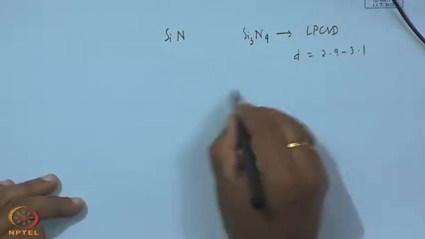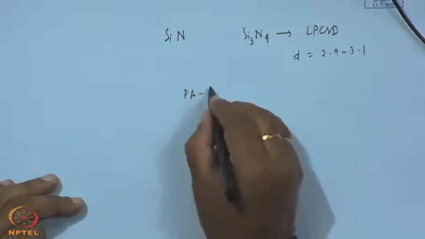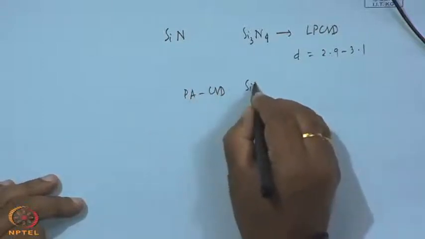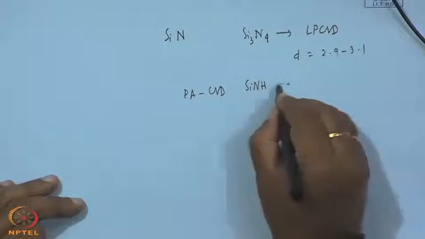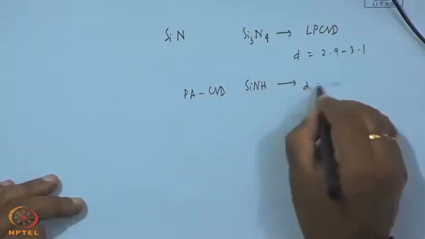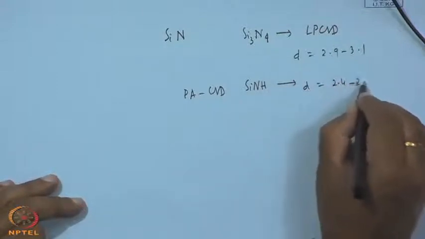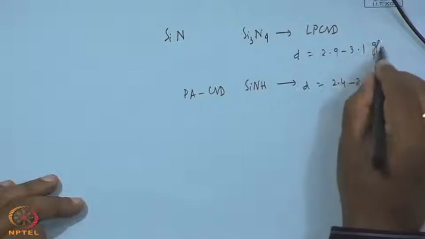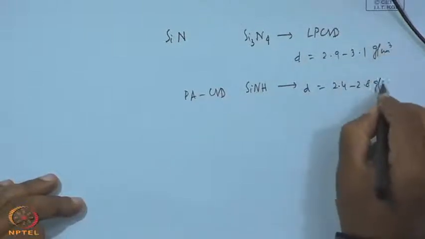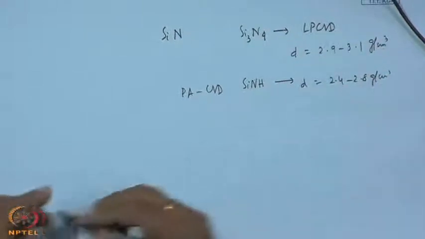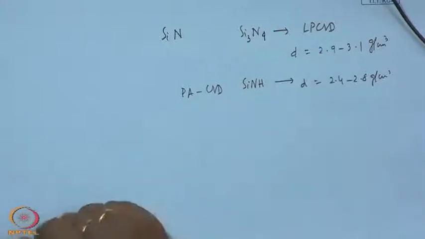However, if you grow by plasma assisted CVD, it will be SiNH rather, and the density will be 2.4 to 2.8 gram per centimeter cube. So, that means it is porous compared to the LPCVD grown film.